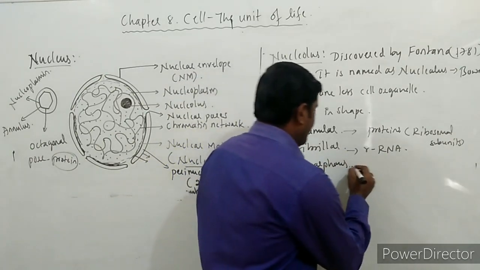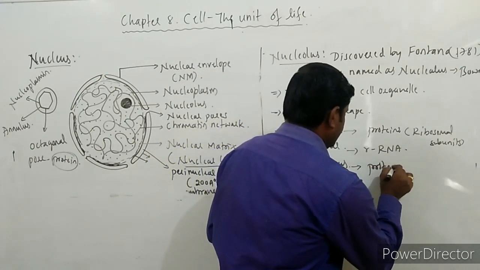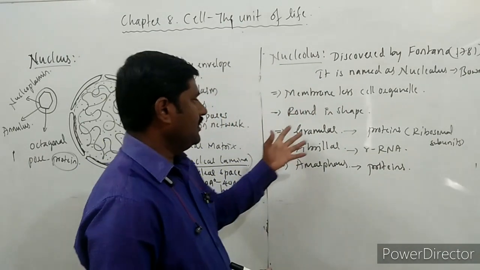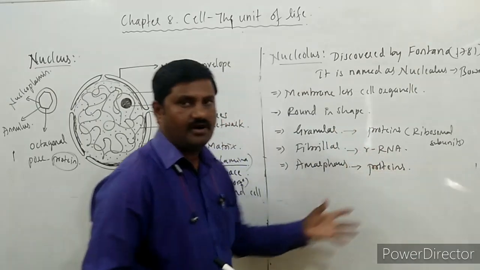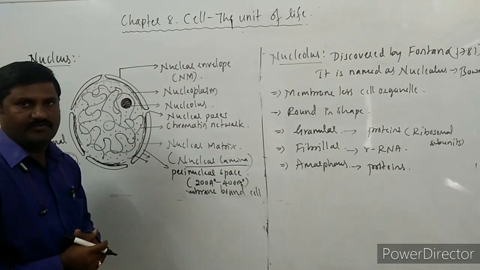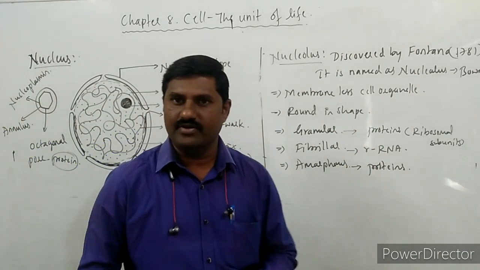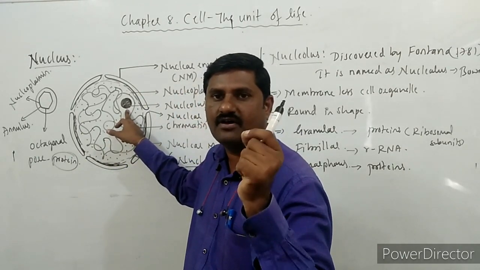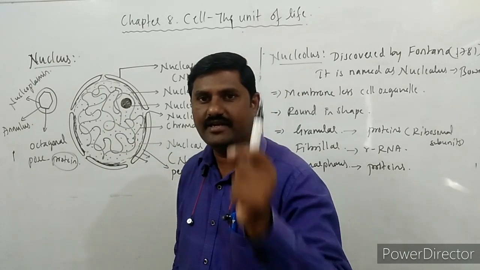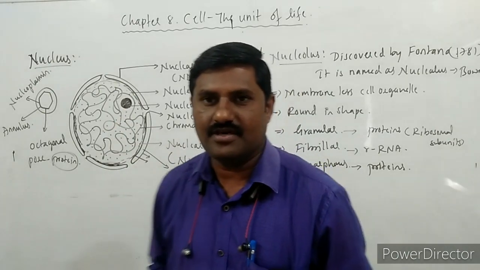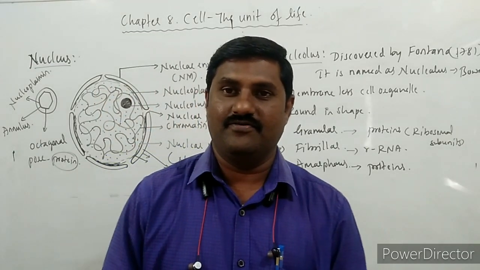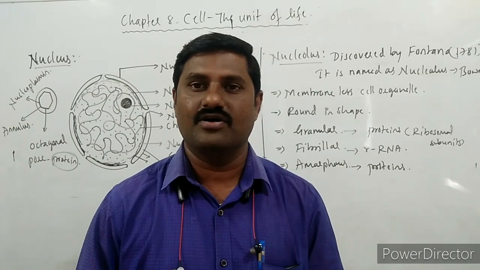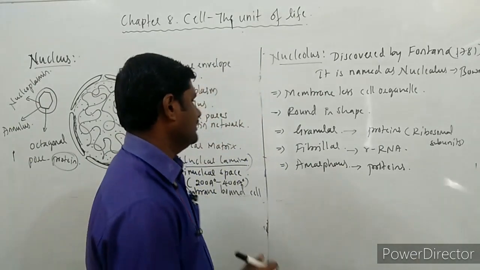The amorphous structure also consists of a proteinaceous matrix, and all these regions together form the nucleolus. And this nucleolus is attached to a specific region of the chromatin network. It is associated with a structure called the NOR, N-O-R, nuclear organizer region, right?